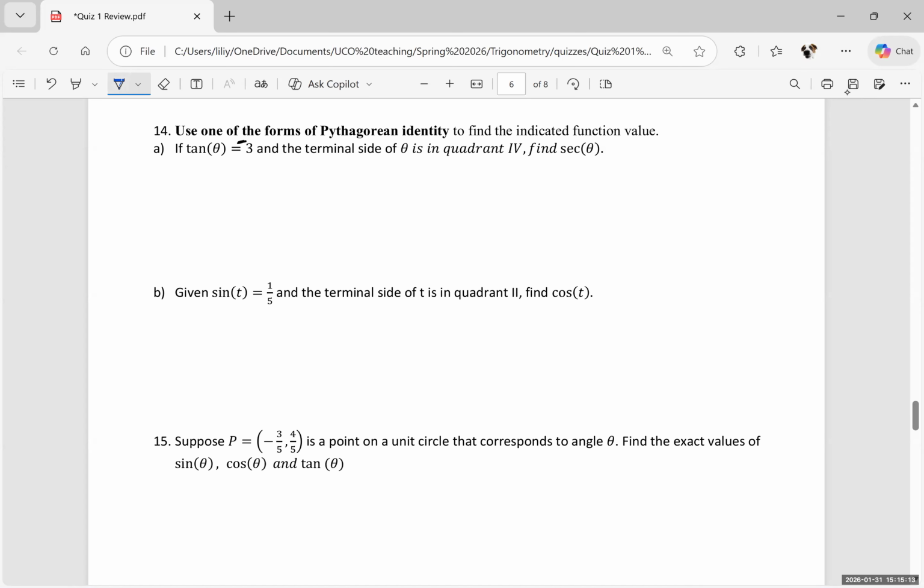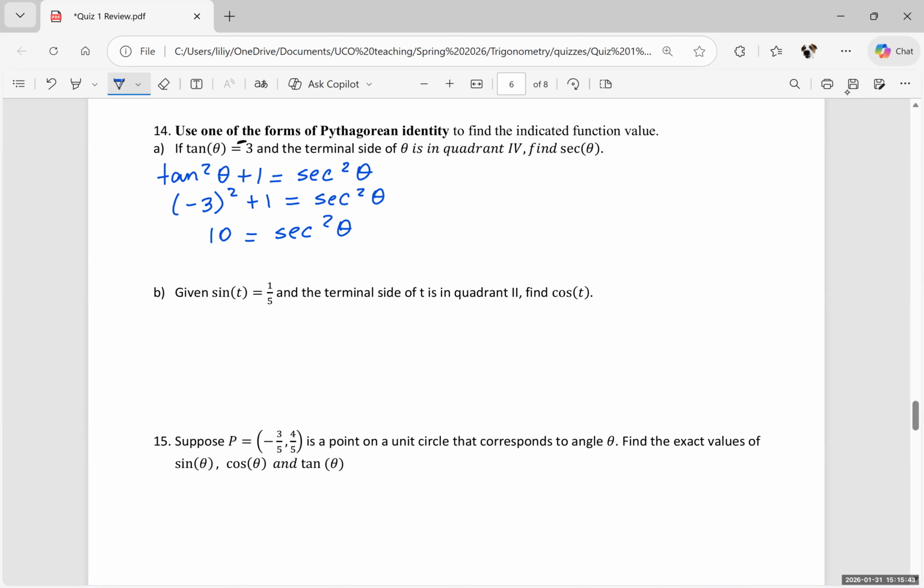Let's go ahead and start with a Pythagorean identity for tangent. If you forgot it, derive it real quick, but I'll go ahead and just write it down. Tangent squared theta plus 1 equals secant squared theta. Tangent is negative 3, squared, plus 1 equals secant squared theta. So negative 3 squared is 9, plus 1 is 10.